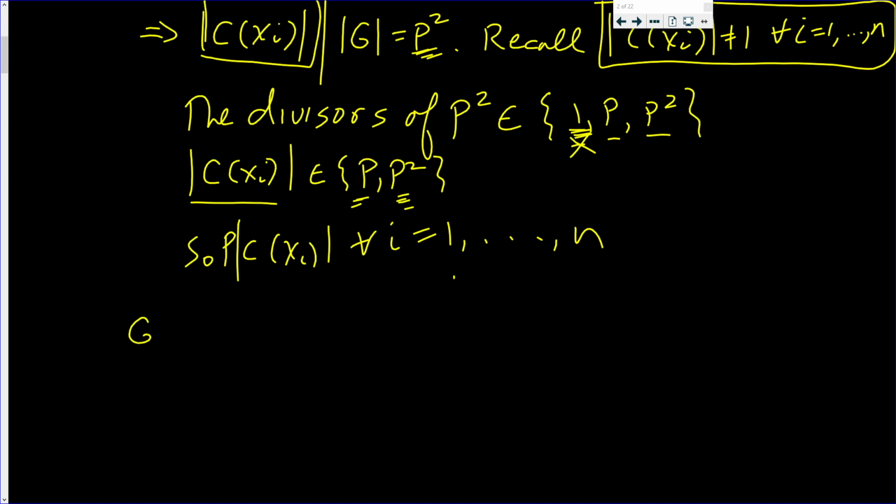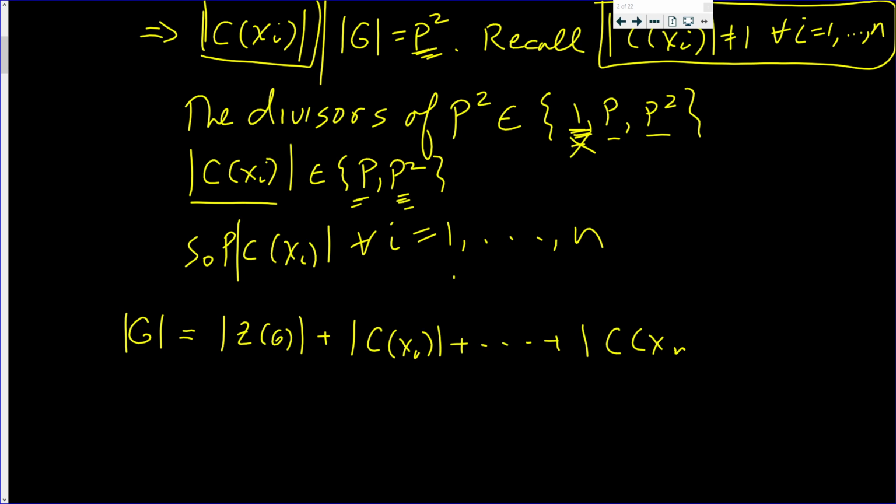We know that the order of G is equal to the order of the center of G plus the order of the larger classes, C of x1, all the way down to C of xn.